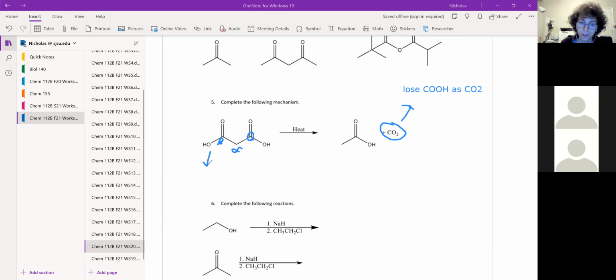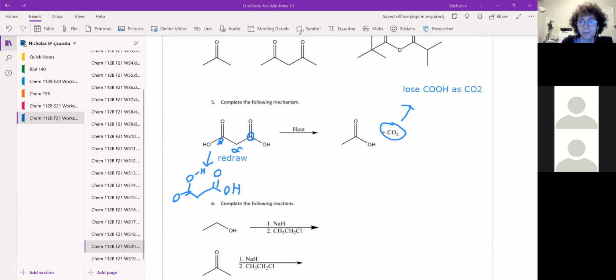It's just kind of hard to visualize and show it. I didn't do anything here. I just redrew the structure. Nothing changed, no electrons moved around.